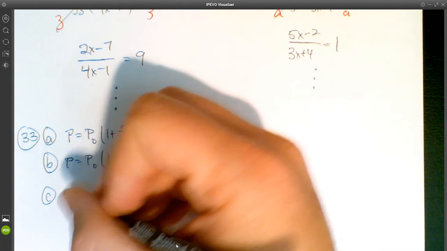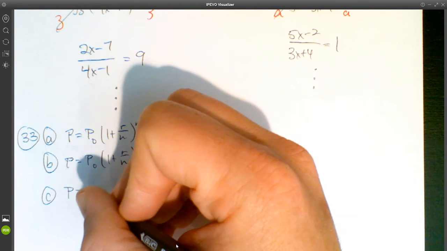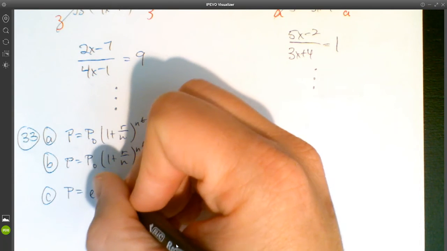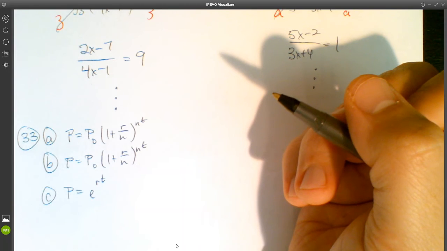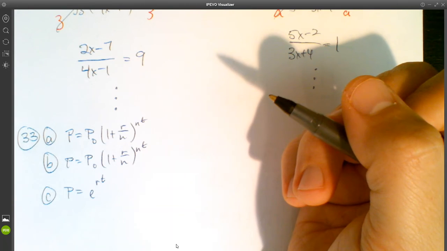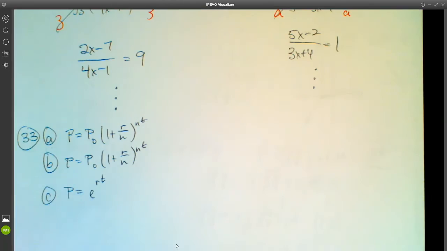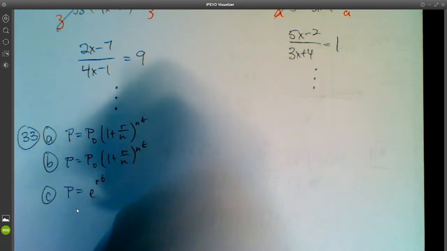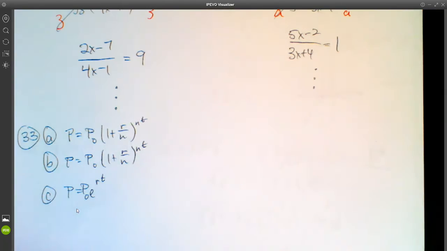And for part C, you're going to use P equals e to the rt. The main purpose of this exercise was to get you to see that, when you're compounding continuously, n goes to infinity, and so this whole thing just goes to here. Actually, I think it's P equals P naught, e to the rt. So this portion of it goes to e to the rt when n goes to infinity.